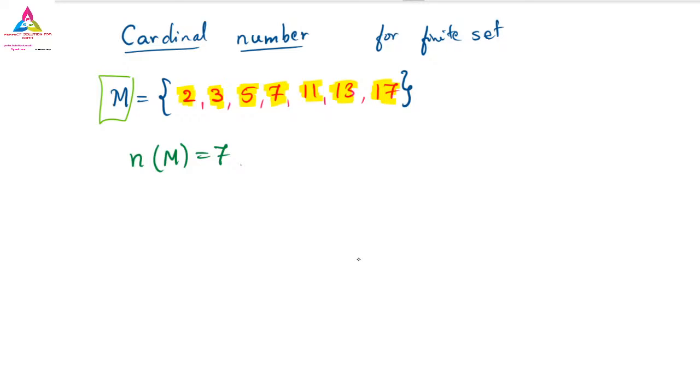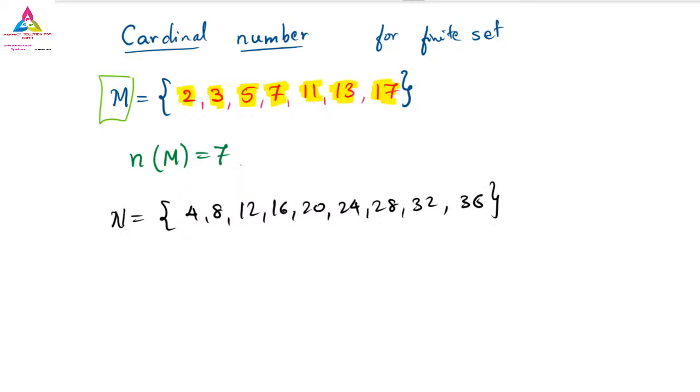Let me take one more example. N equals 4, 8, 12, 16, 20, 24, 28, 32, 36. 36 is the last. So what is the cardinal number of this N?